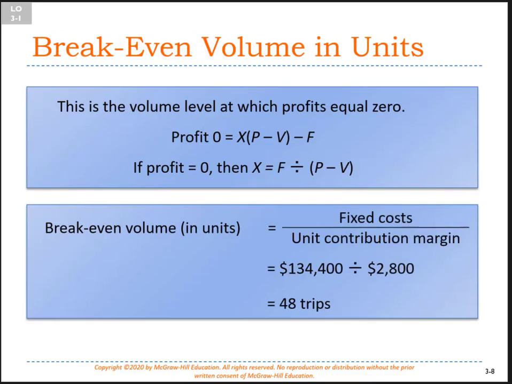So one of the things we use this kind of thinking for is to figure out where we break even. And why that's important is if your business can at least break even, it can probably survive. If it can't break even, meaning it cannot cover its costs, then over time you cannot sustain that business. You have to do something about it to change the business.